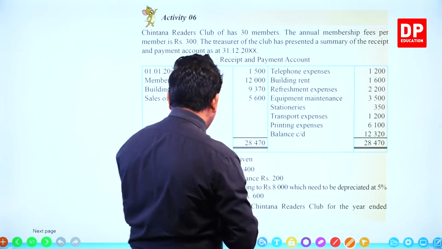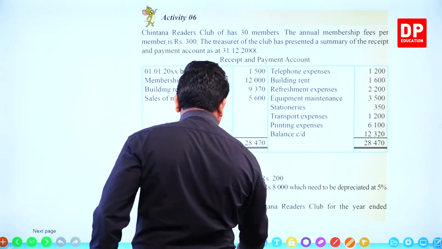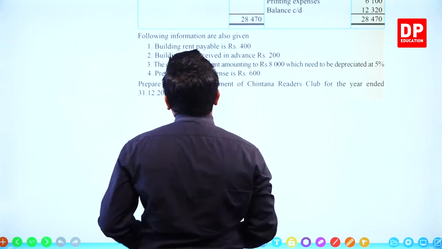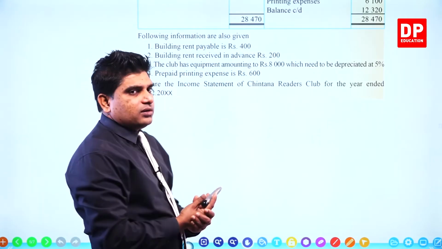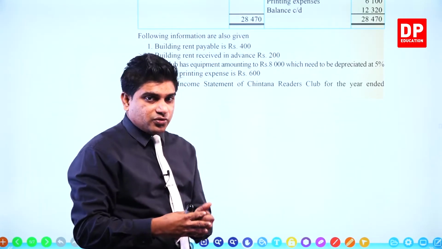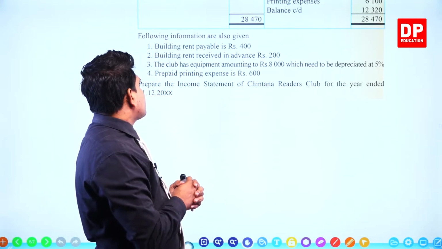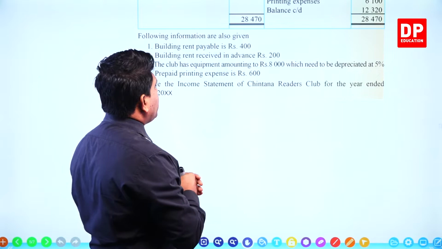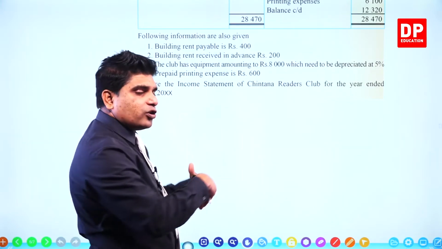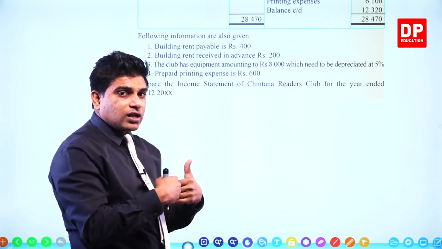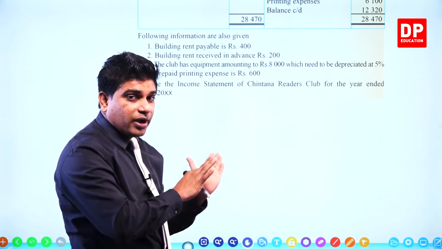Now, we go to the additional information. Building rent payable 400 rupees. Payable means accrued expense. We have to add it to the relevant expense. Building rent received in advance. Receipts in advance, you have to minus it from that.